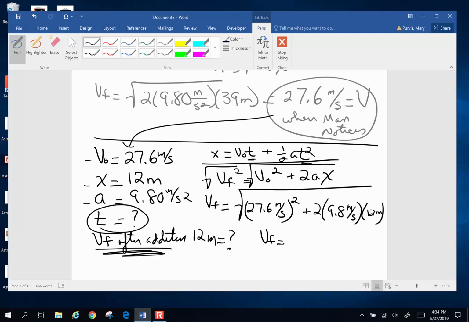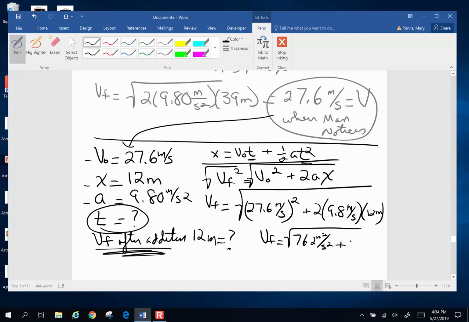27.6 squared gives me, and let's do this in sections in case you get lost, 762 meters squared per second squared, plus 2 times 9.8 times 12.